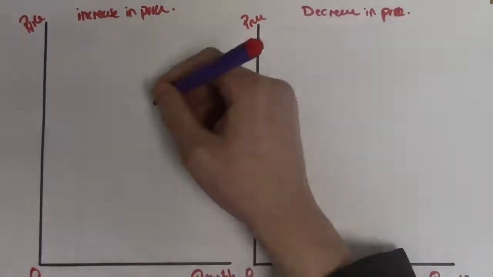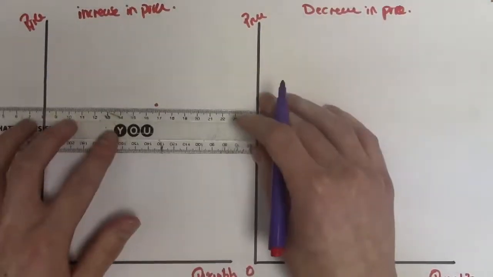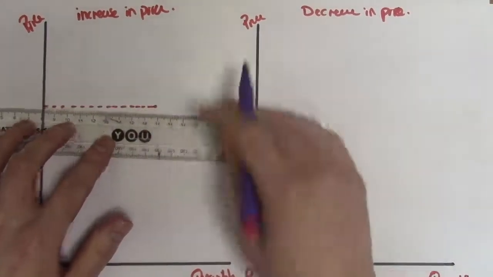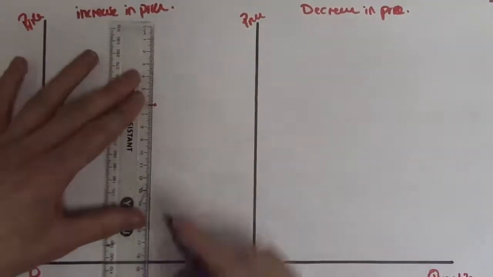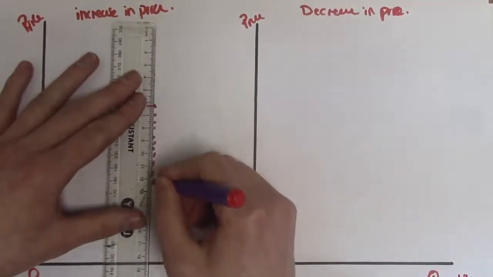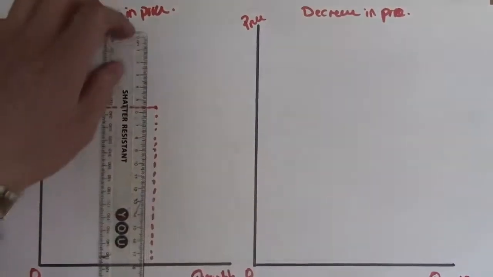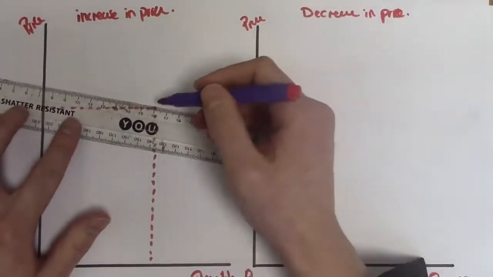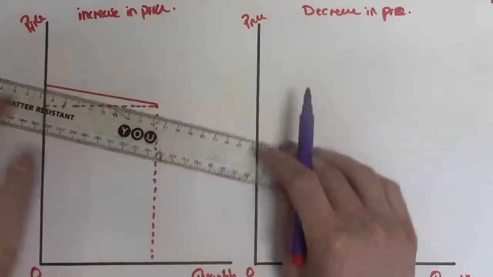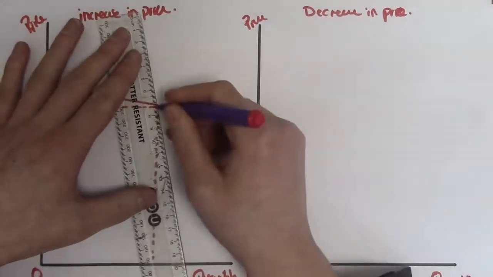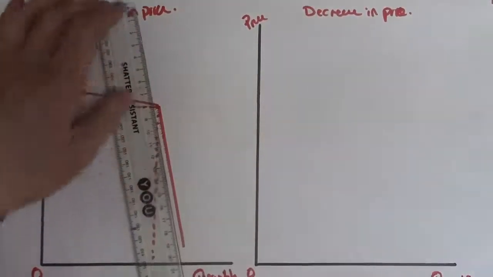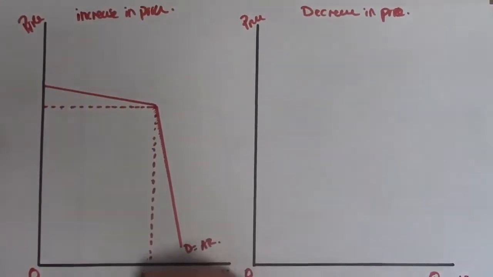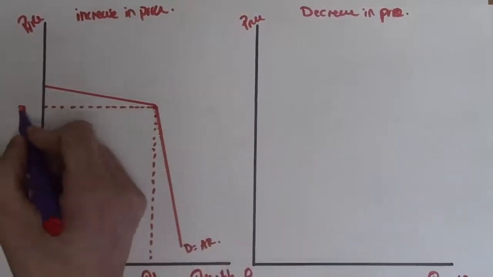Okay, go ahead and just draw your basic kinked demand curve, showing our elastic section here, and then our inelastic. Okay, so D equals AR. That's Q1, and that's P1.